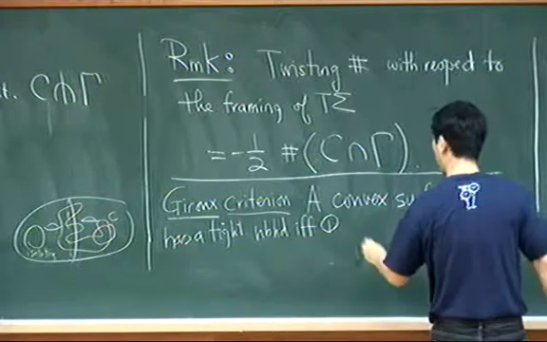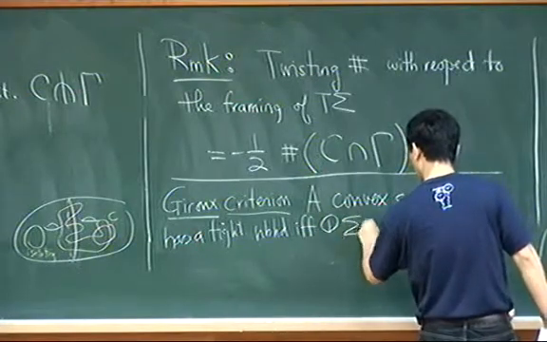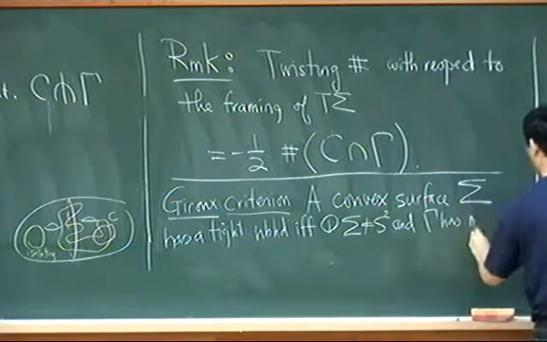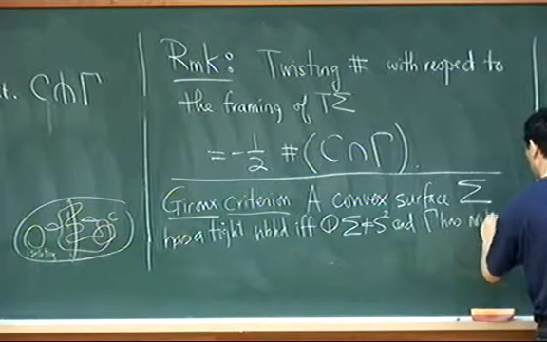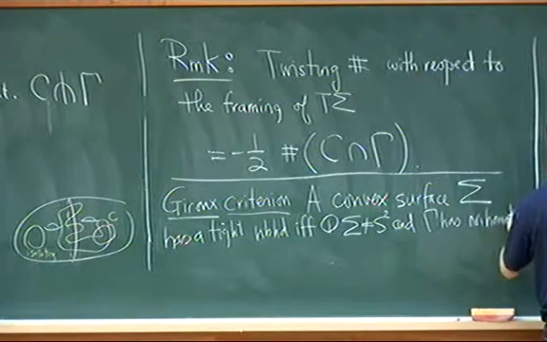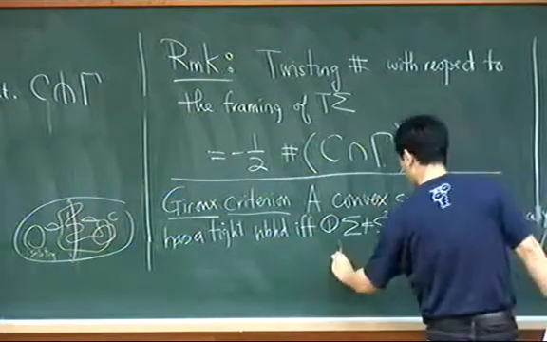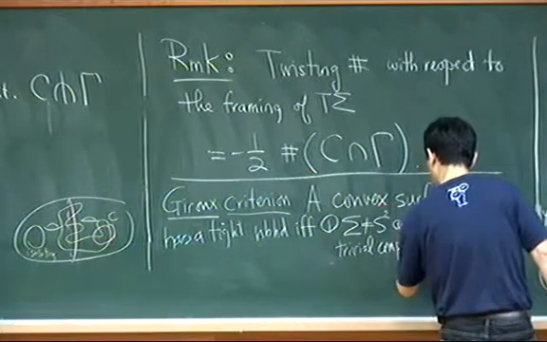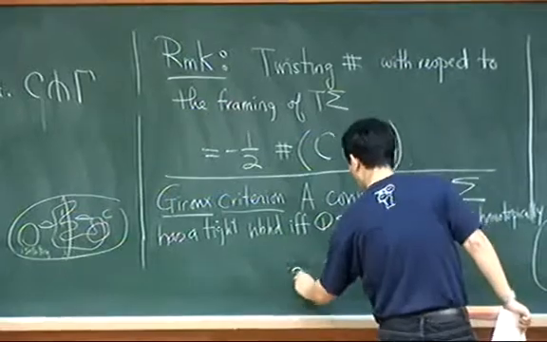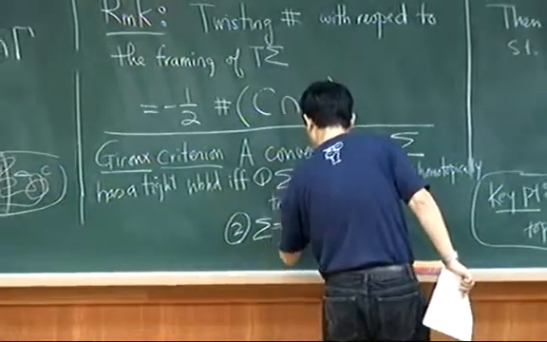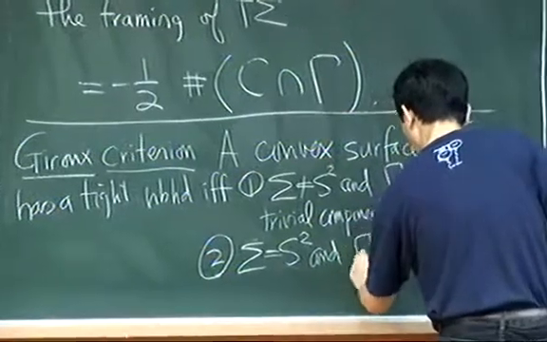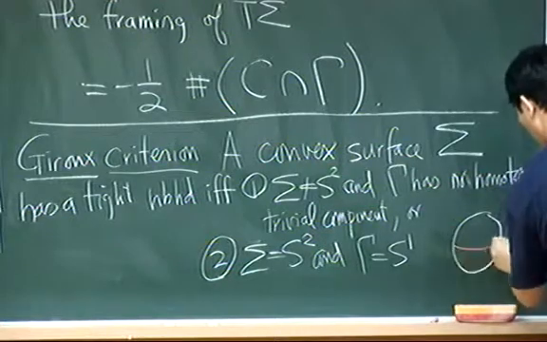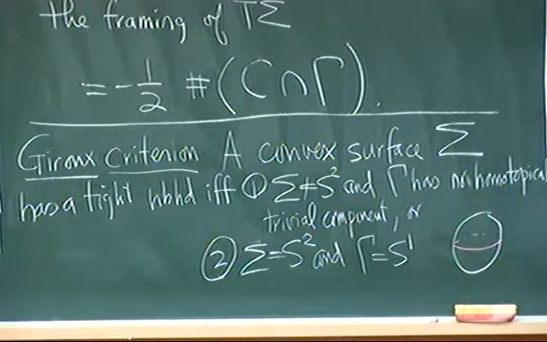One, sigma is not equal to S2 and gamma has no homotopically trivial component, or two, sigma equals S2 and gamma is just S1. So this is the exceptional case where you're allowed to have homotopically trivial curves, but it should look like that.